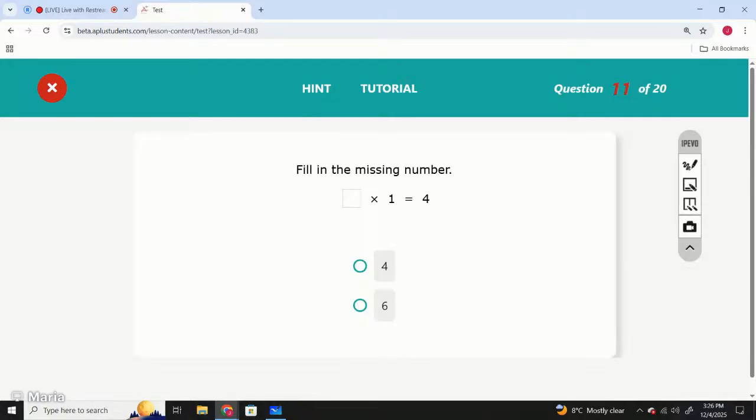Fill in the missing number. 1 times what number is 4? 1 times 4 is 4. Option number 1 is the correct option.